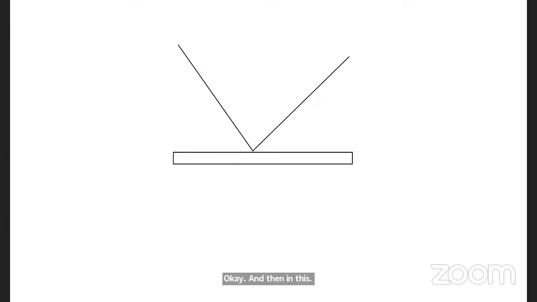The ray falling on it is known as the incident ray. The ray reflected is known as the reflected ray.